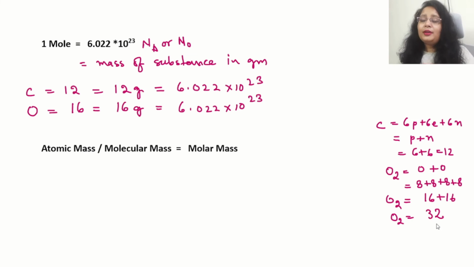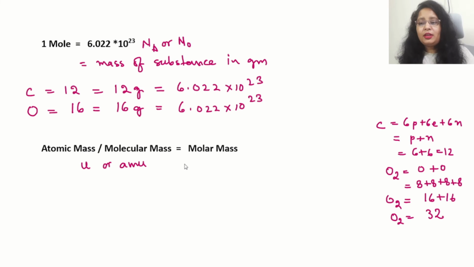One more point: if there are ions, then there is no change in the atomic mass. The atomic mass will be the same, whether the element is used in the form of an ion or not. Another thing is that atomic mass unit is always u or amu.